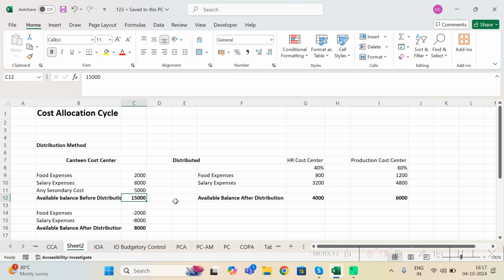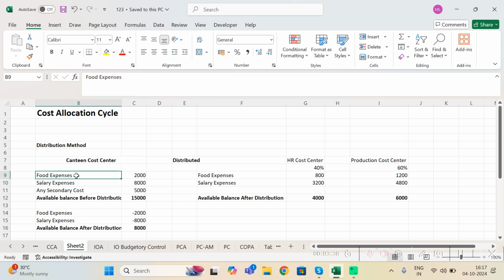Now once you run the distribution during the month end, what will happen? These are primary cost elements, and make sure they are cost elements. For each primary cost element, as much as is positive, the same value with the same cost element will become negative here.